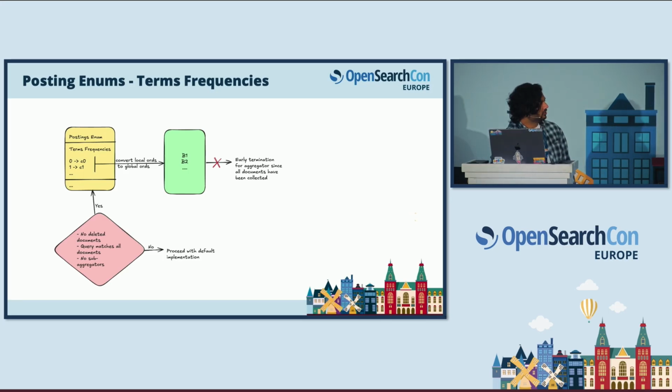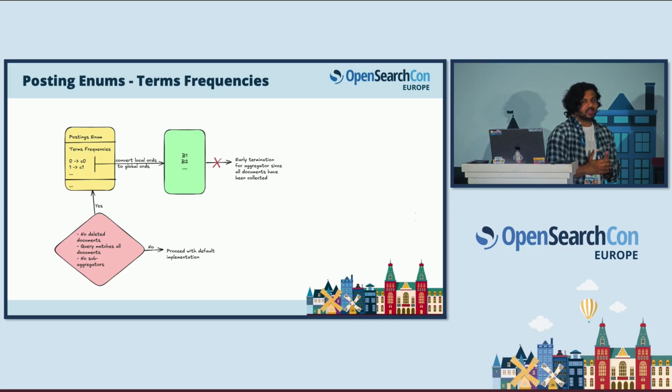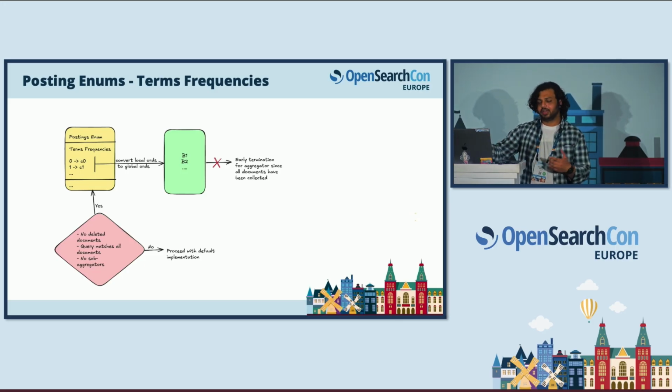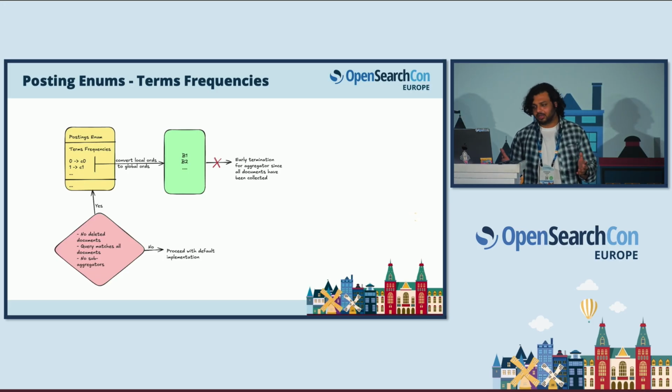Just walking through the optimization quickly. We have these posting enums, which I talked about. They maintain term frequencies. Keyword fields are mapped to ordinals, which are just numbers from 0 to n, where n is the number of distinct keywords within that segment.